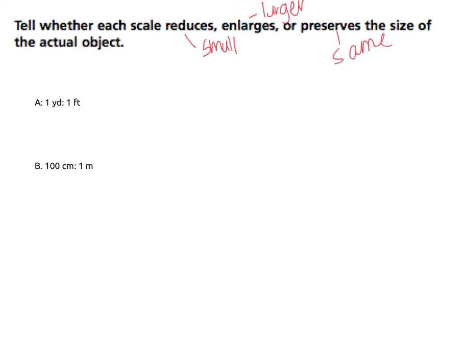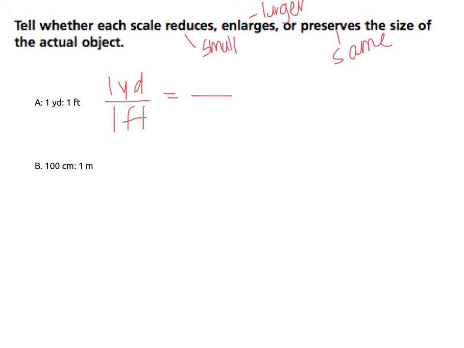So what we're going to first do is write our conversion as a ratio. So we can write 1 yard over 1 foot. And we're going to make a proportion, so we want them to be equal. So what we need to do is have the same unit.